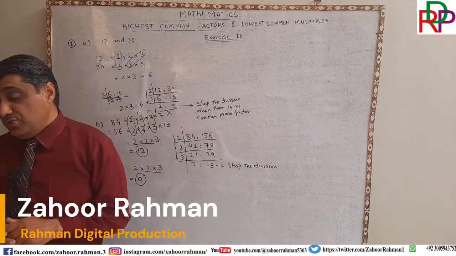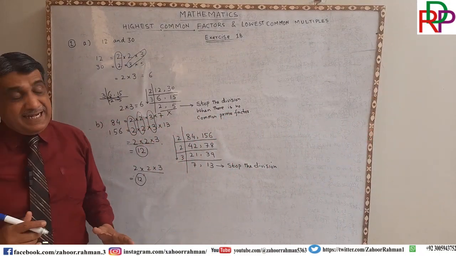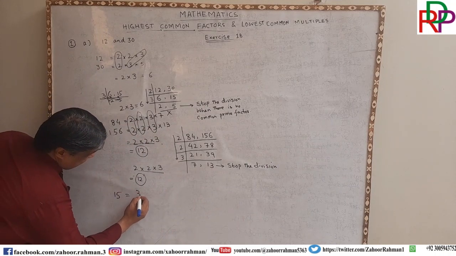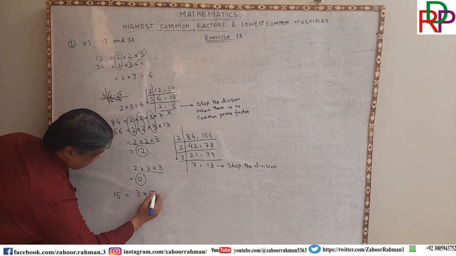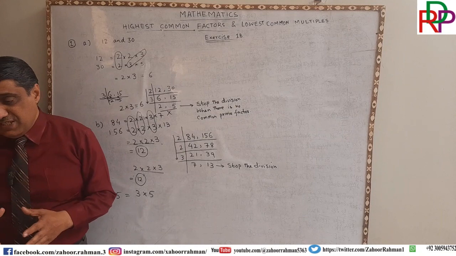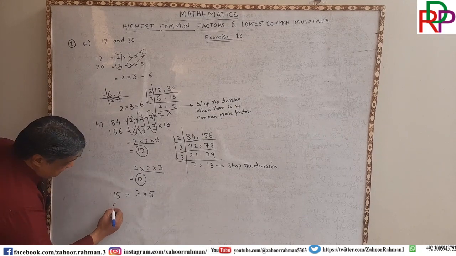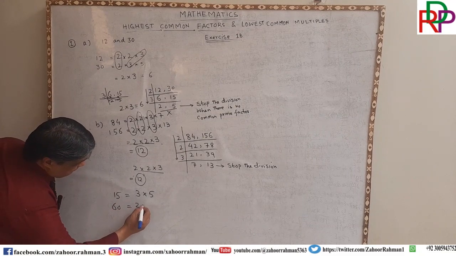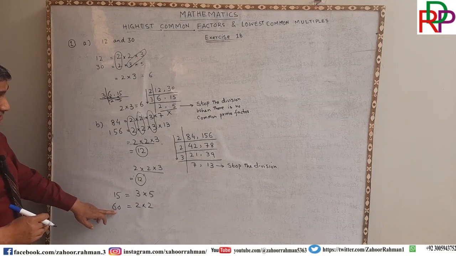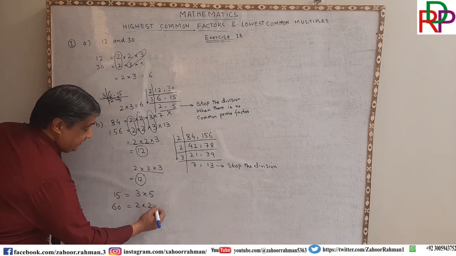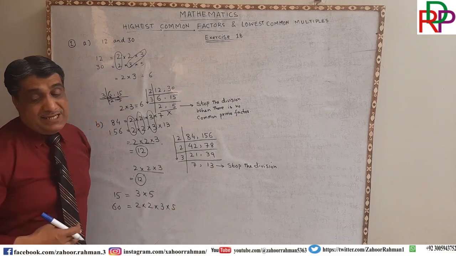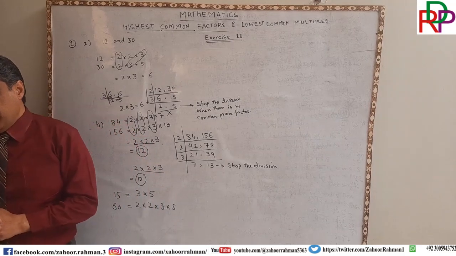Now we have to do the C part, and that is 15. If we enlist the prime factors of that, only 3 and 5. The second one is 60. 60 is 2 multiplied by 2, because 30 and 15, then 3 and then 5 is the multiplication.